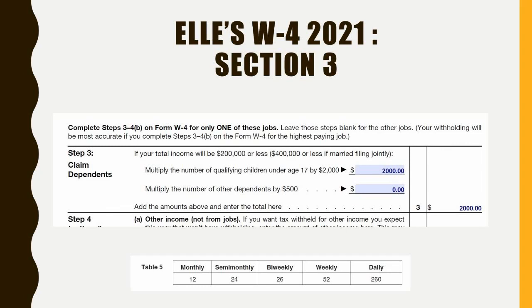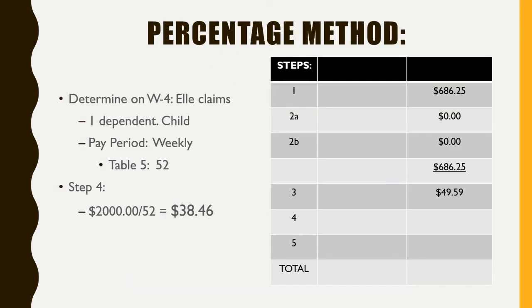In this case, with weekly payroll frequency, I'm going to get a total of 52 paychecks. So I divide the $2,000, because that's the amount per year, by the total number of paychecks, which is 52. When I do that calculation, I get $38.46.